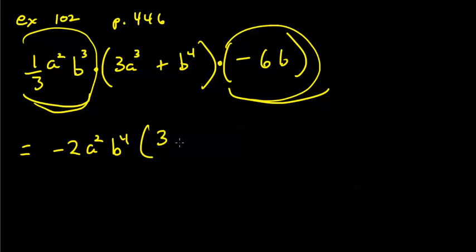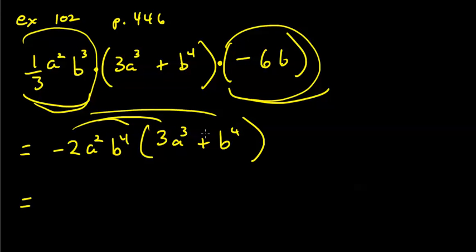Then I can take that result according to my associative law and multiply by the third factor in the chain. Alright, so minus 2a squared b to the fourth times 3a cubed plus b to the fourth. Again, I got to apply my distributive law here. Multiply through this binomial by minus 2a squared b to the fourth.